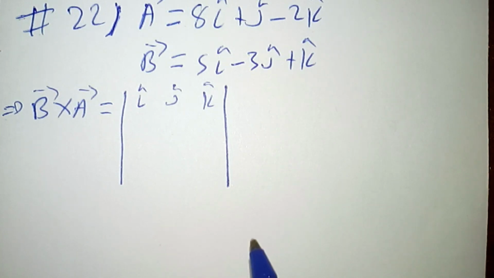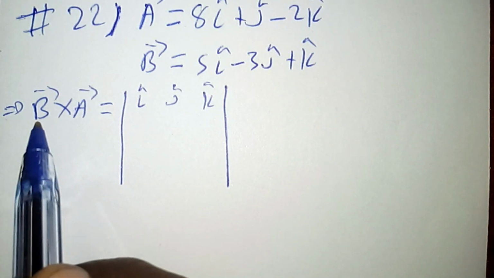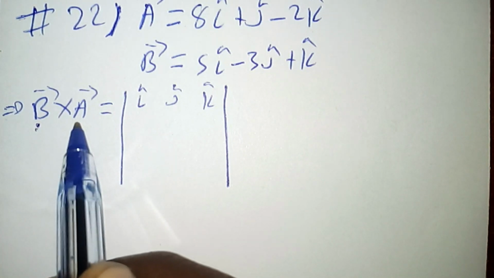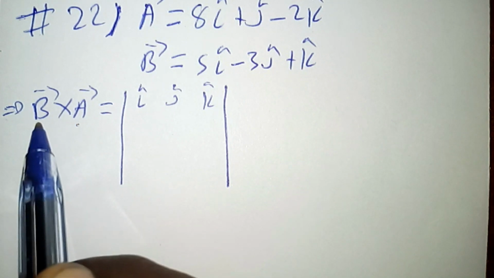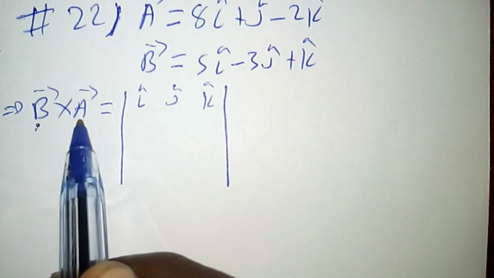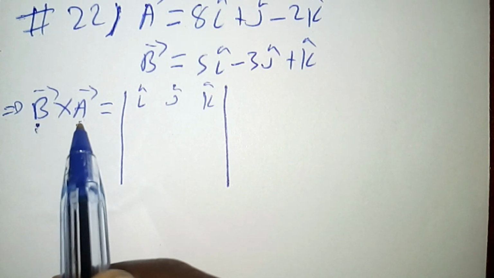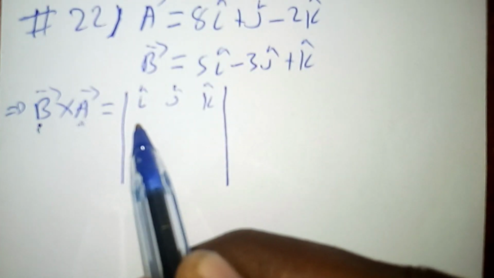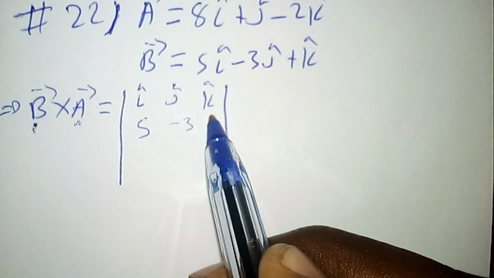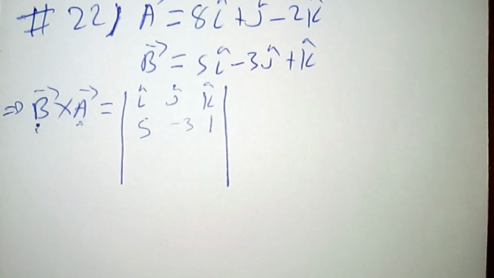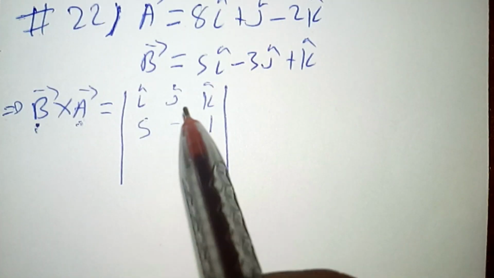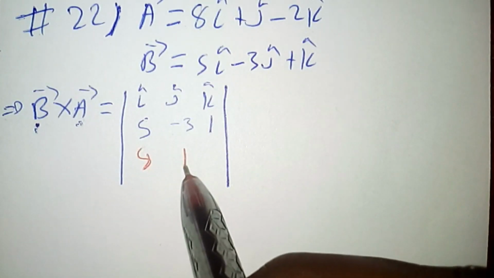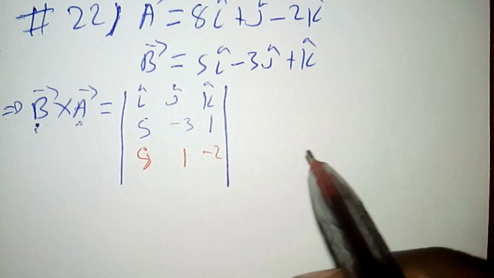So the values of B cross A means we write B as the first vector and A as the second vector. We cannot interchange the places of A and B because the vector product is not commutative. So I take the components of B first, that is 5, minus 3 and 1, and the components of A as the second vector, that is 8, 1 and minus 2.